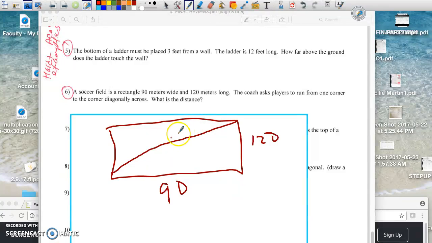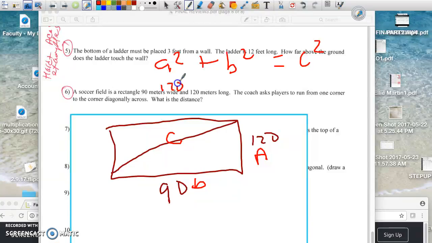Oh, you know what is C, because you know that's going to be the longest side. So we'll say that this is A and this is B. Okay? And you would do the Pythagorean theorem. A squared plus B squared equals C squared. A is 120 squared plus B, 90 squared equals C, which we don't have.